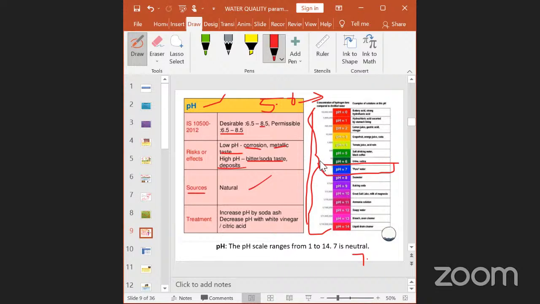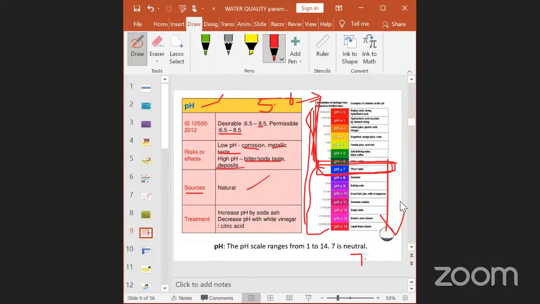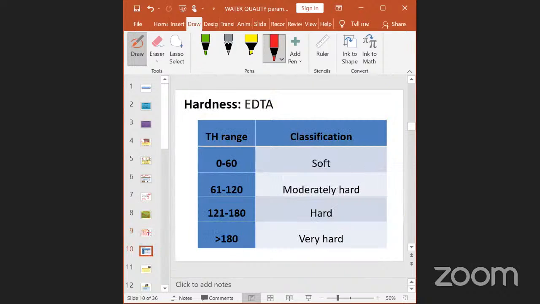So pH 7 is neutral. Remember this. Less than 7, from 1 to 6, is acidic, and greater than 7 is alkaline, right? So this is the pH. And then next, hardness.